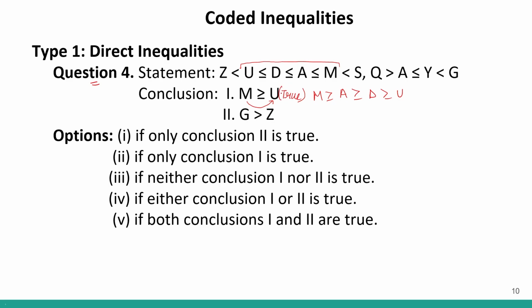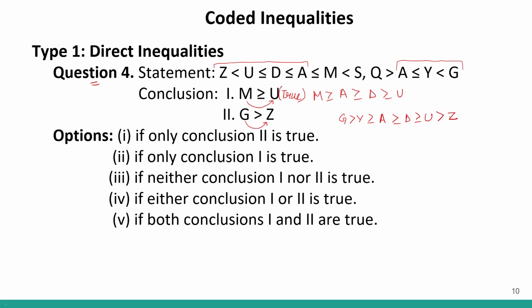Okay? Coming to conclusion 2. Conclusion 2 says that G is greater than Z. So we will move from G to Z, correct? Over here, I can find a relationship between G and A. And over here, I can find a relationship between A and Z. So if I write it, G is greater than Y is greater than equal to A is greater than equal to D is greater than equal to U, and U is greater than Z. So this is given to us.